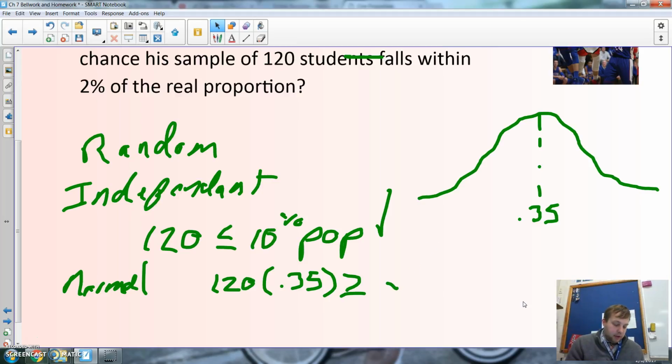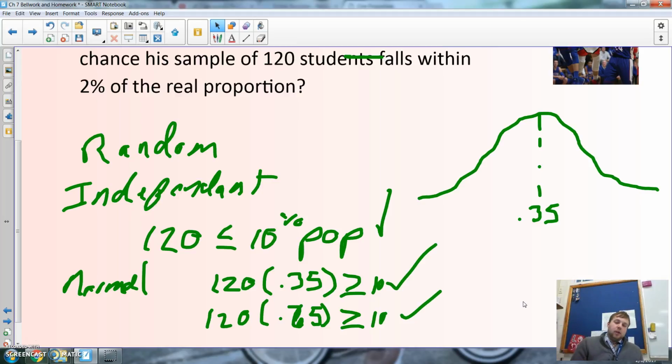That is yes. What about the reverse? So I'm going to go 120 times its inverse, which would be 0.65. All right, 0.65. That's the inverse. Is that bigger than 10? Check. All right, so now I know I'm working with a normal curve. I can use a z-score on this thing.